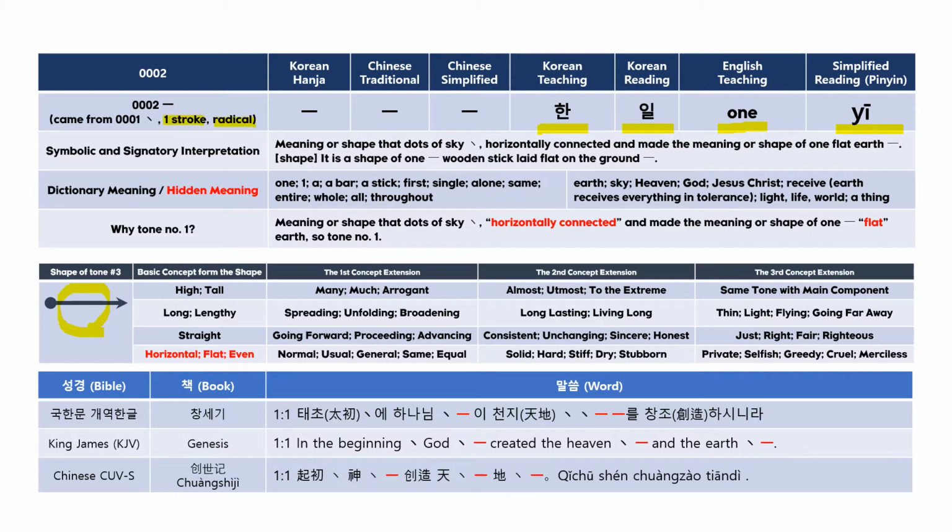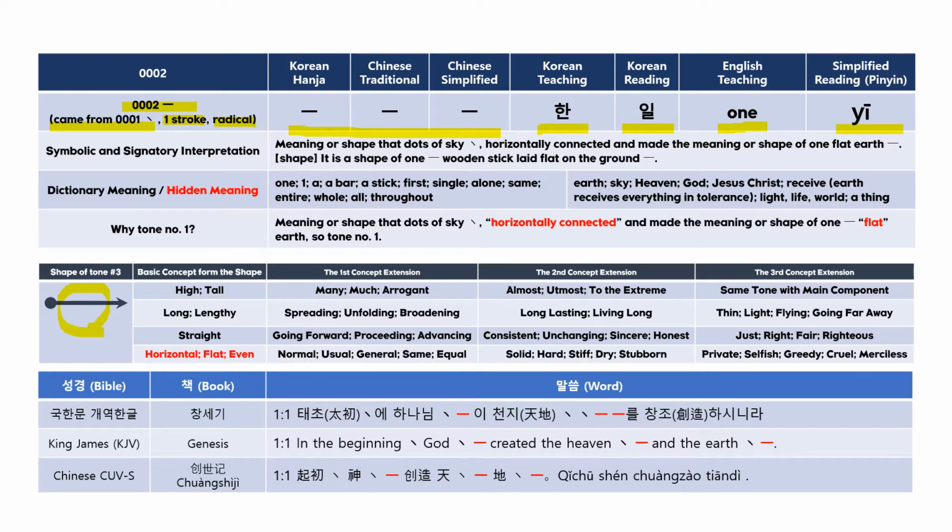There are 214 radicals in Chinese characters, also in Korean Hanja. This 1E came from the first character, dot, zu, the same shape in Korean Hanja and Chinese traditional and simplified as well.